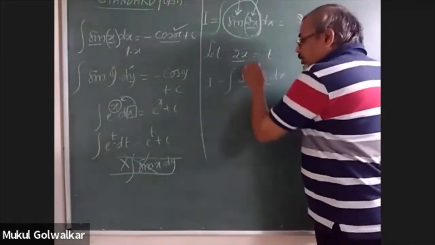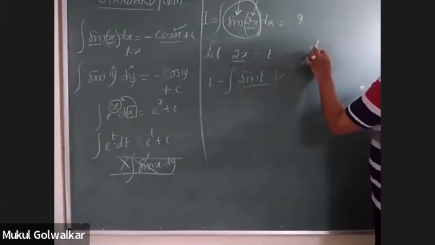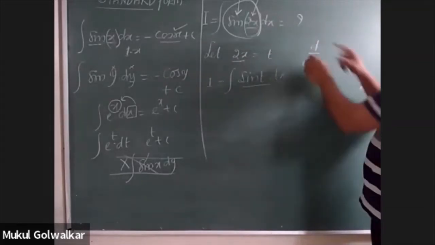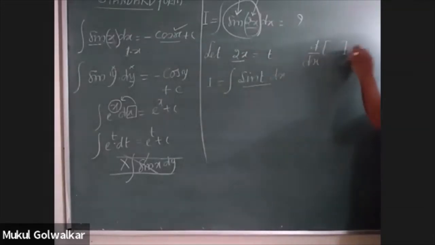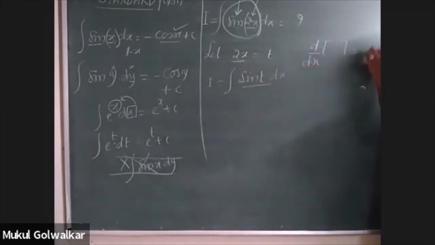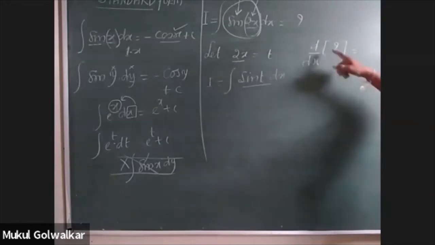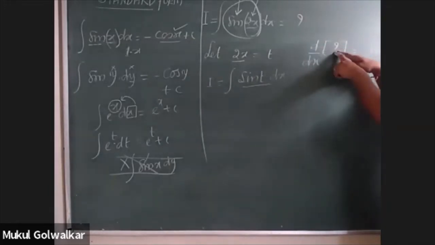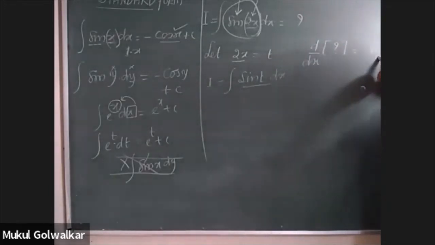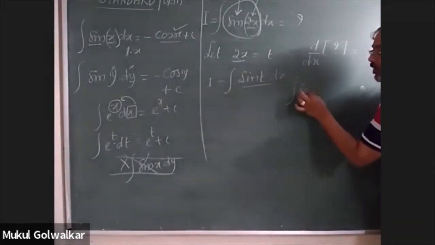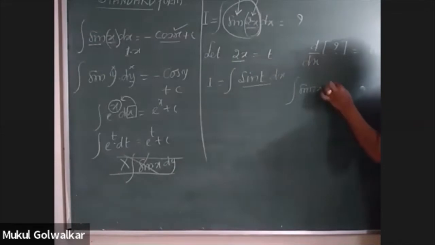So now, let me write this quantity d by dx, it was the rate of change of some function with respect to x, and that rate of change of function was equal to sin 2x. Suppose this was the situation. When we differentiate some function and the answer is equal to sine 2x, then only integration of sine 2x with respect to x will be equal to this function.